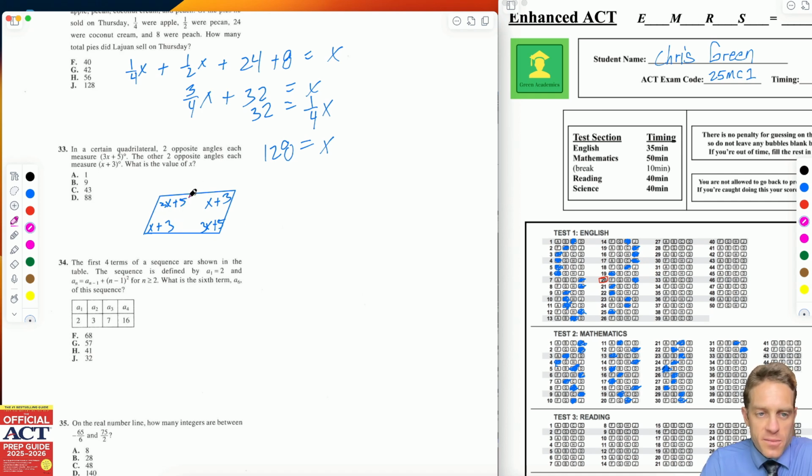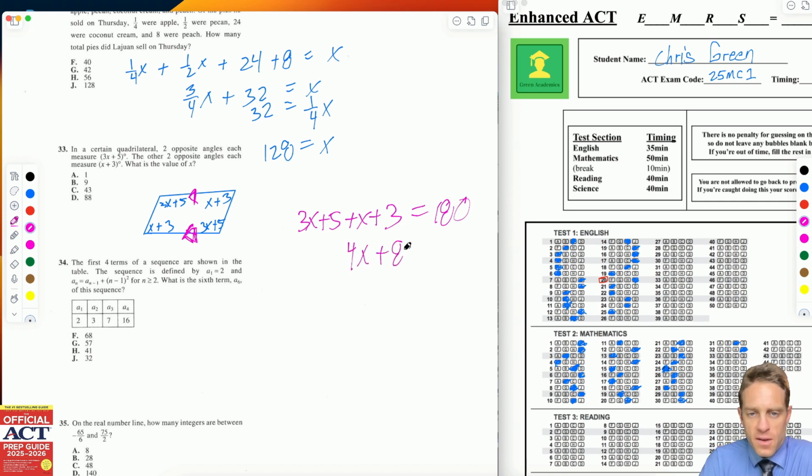I know my picture isn't perfect, but it's a parallelogram, so this is parallel to this. So I'm just going to say 3x plus 5 plus x plus 3 is 180, which is this, and then this, and this.